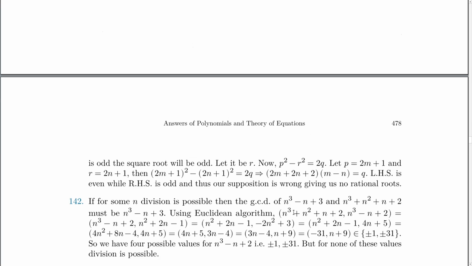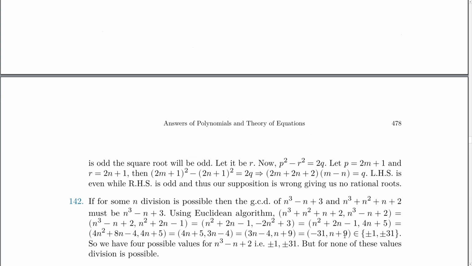So the first term when divided by n cube minus n plus 3 would give n square plus 2n minus 1, which would further give minus 2n square plus 3, which would further give 4n plus 5, which would further become 3n minus 4, and which will eventually become n plus 9, minus 31, comma n plus 9.